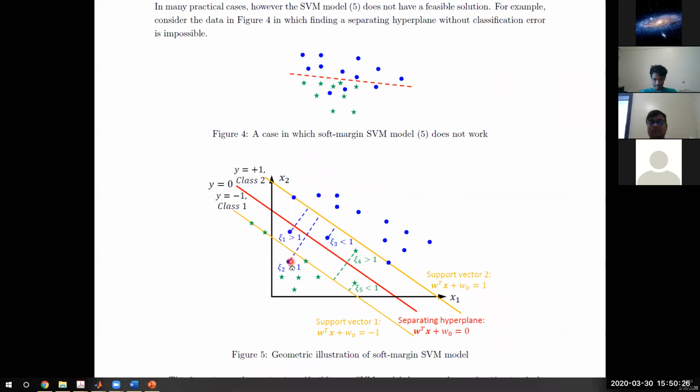Okay, now let's see. Suppose I have 1, 2, 3, 4, 5. These 5 points you see, they're either misclassified or something weird.